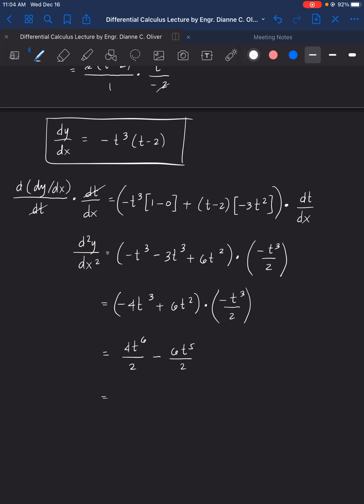So we cancel out that. That becomes 2t raised to 6 minus 3t raised to 5. So t raised to 5 times 2t minus 3. That is the second derivative. So that is for number 5.